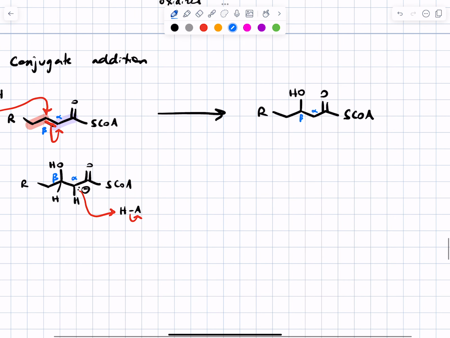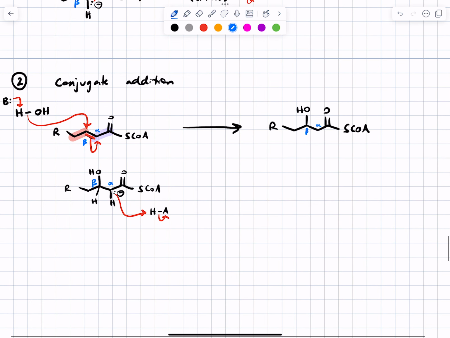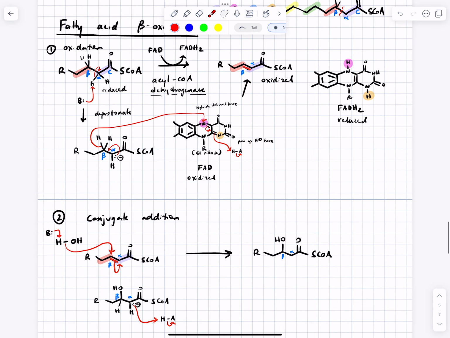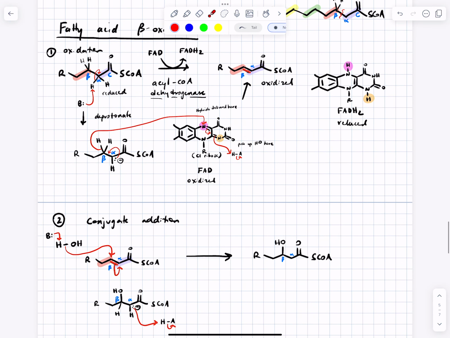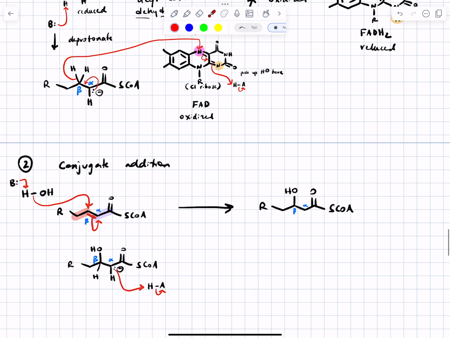All right. And now you're starting to see why this is called fatty acid beta oxidation, because we've added an oxygen. The net effect of these first two reactions is to add an oxygen to the beta carbon of our fatty acid. Now, if you're looking at that, that product is a beta hydroxy carbonyl compound.